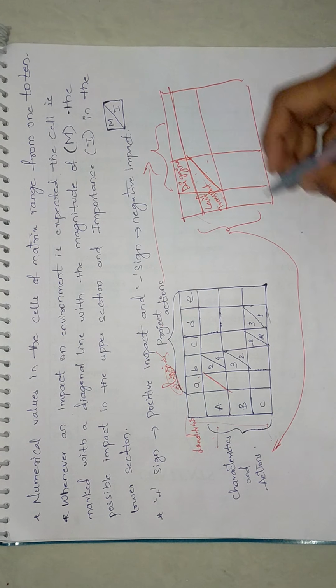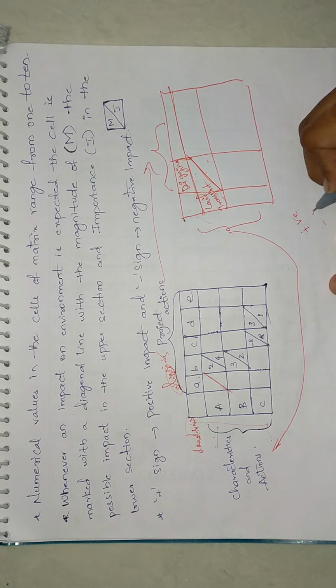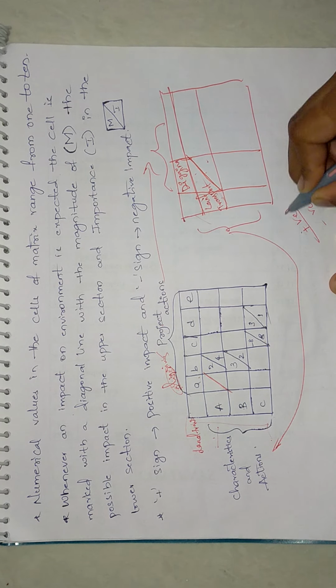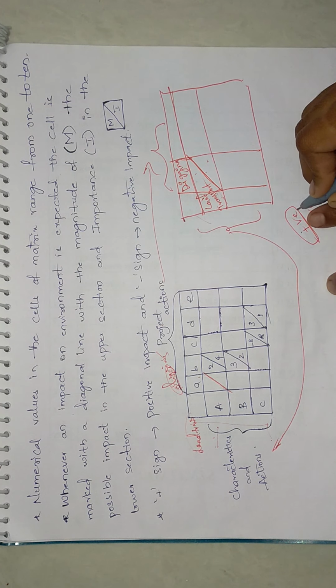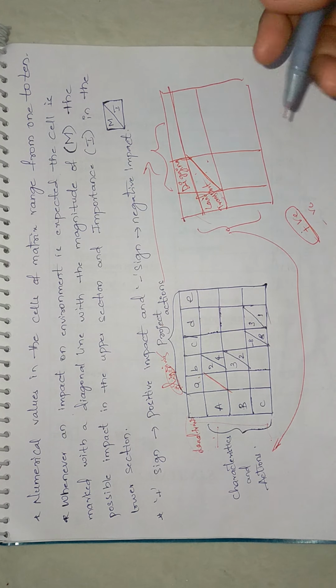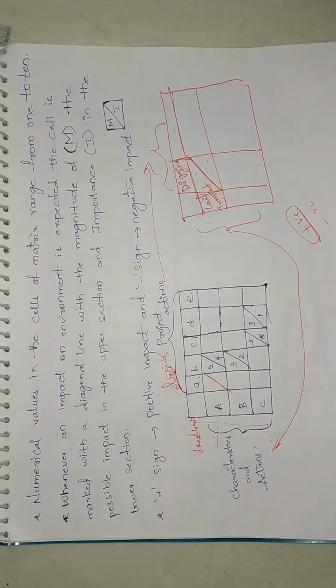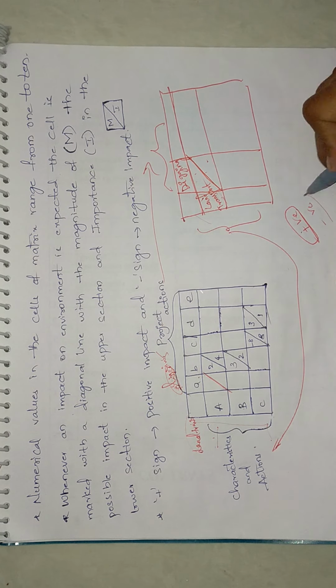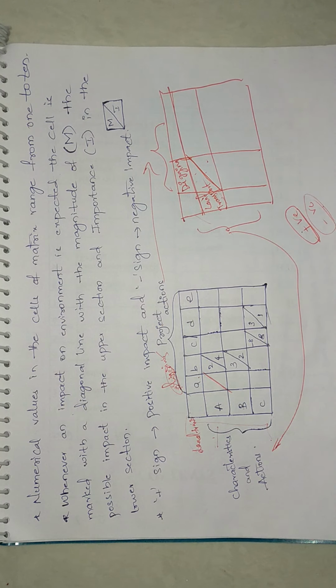After drawing, what they will mark here and here is numbers only, and for those numbers we will have a positive sign and a negative sign. If the number has a positive sign, that is a positive impact, creating an impact on the environment which is useful. If it is marked negative, then it is creating an impact on the environment which is not useful. I'll give an example for this useful and non-useful impact.